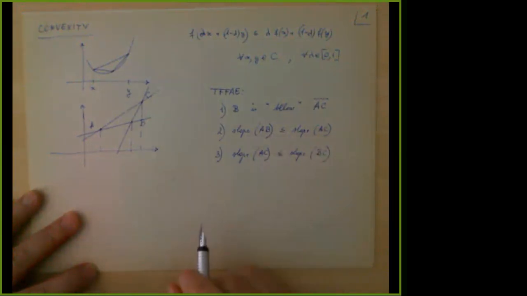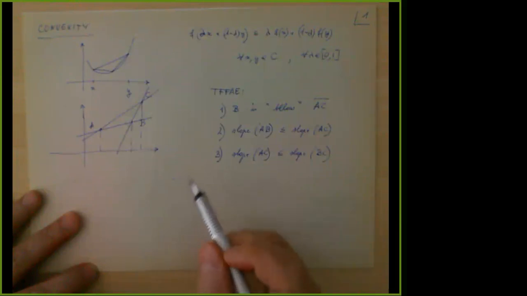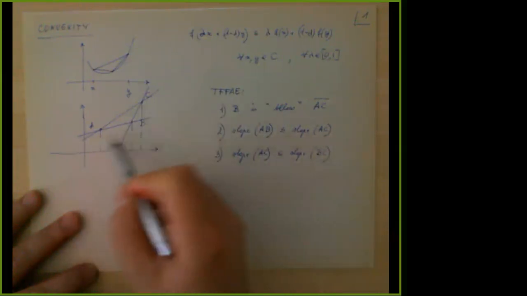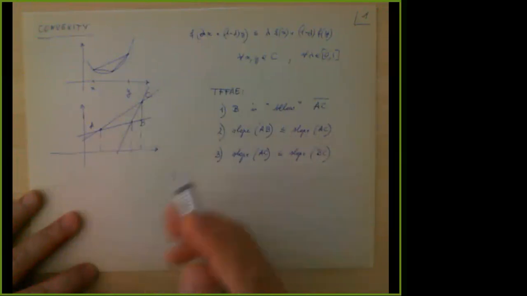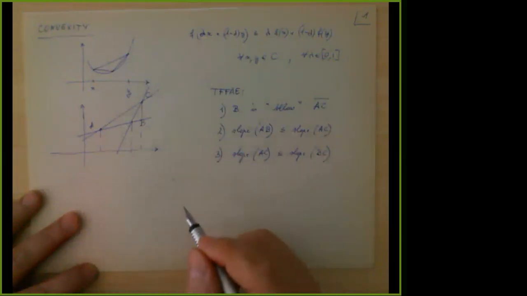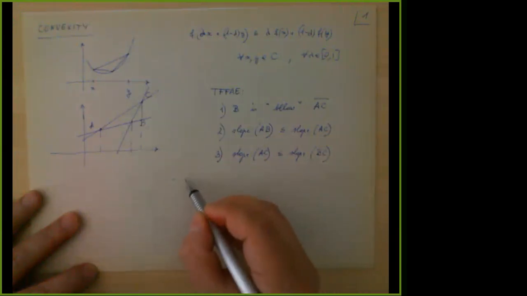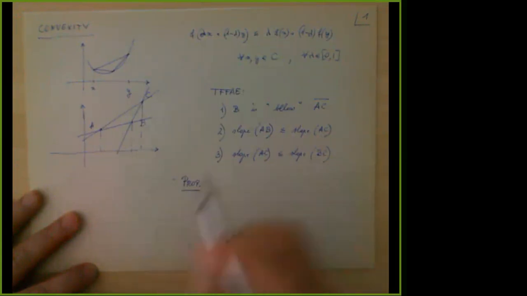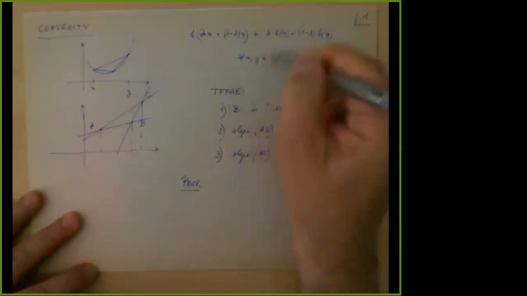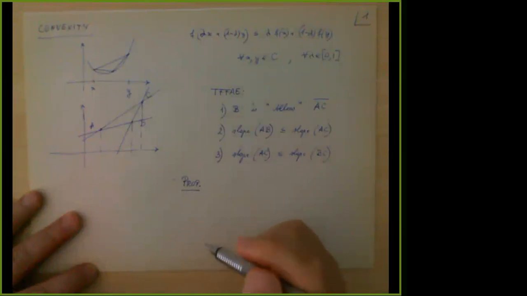Okay, so now it is a rather easy exercise to check the following fact, that if we put together the definition of convex function and this simple observation that comes from the usual algebra of triangles, plane geometry of triangles, we land to the following proposition, which is just a consequence of this observation and the definition of convex function.